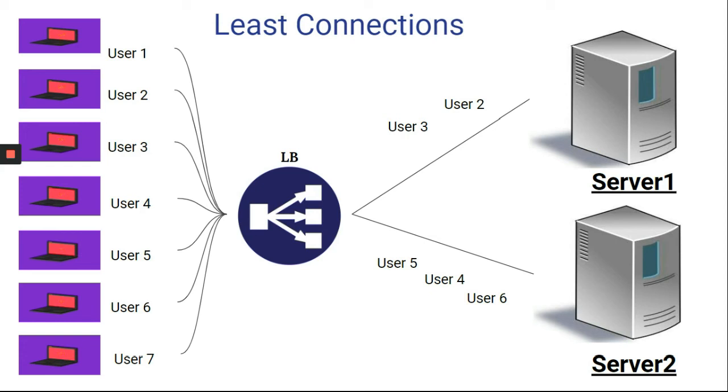Let's say we have 3 connections routed to server 2 and only 2 connections to server 1. The load balancer will recognize that server 1 has 2 connections and assign this new user to server 1, the one with the least amount of connections.